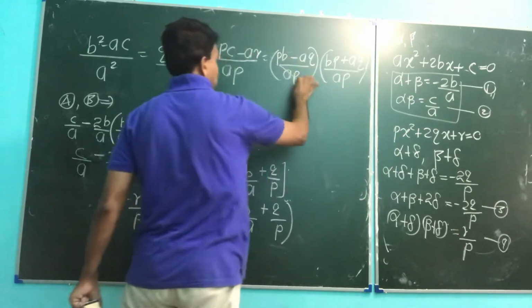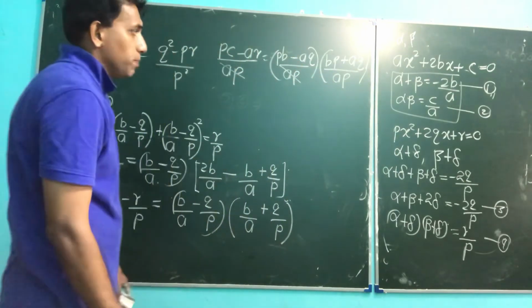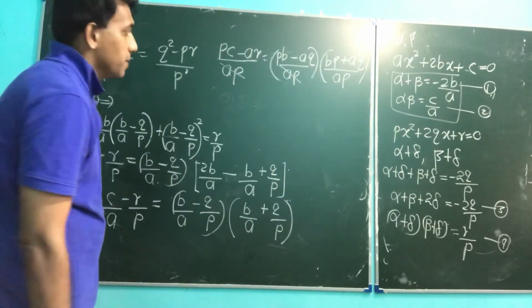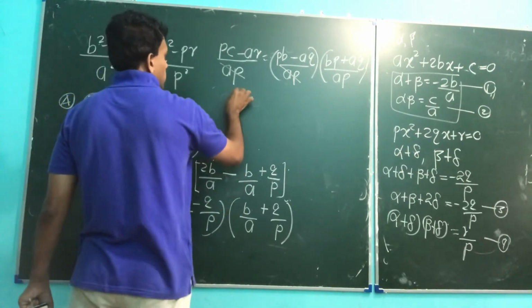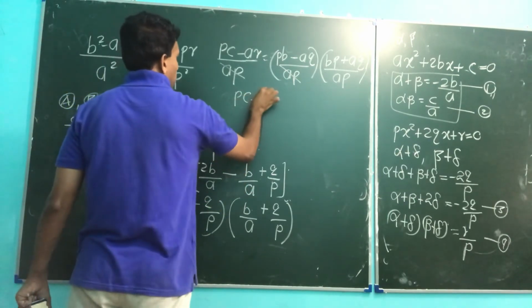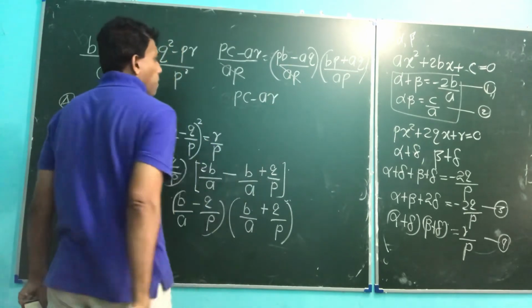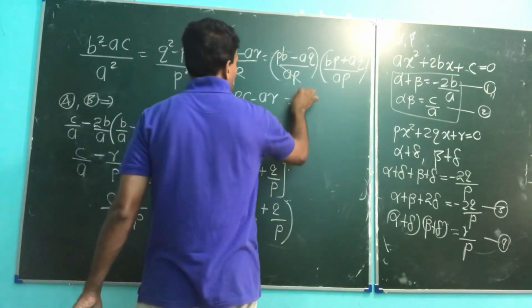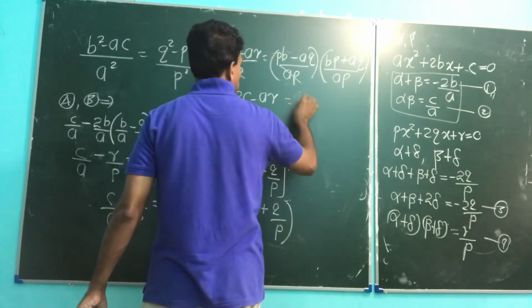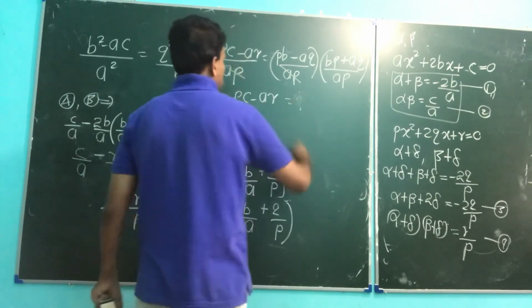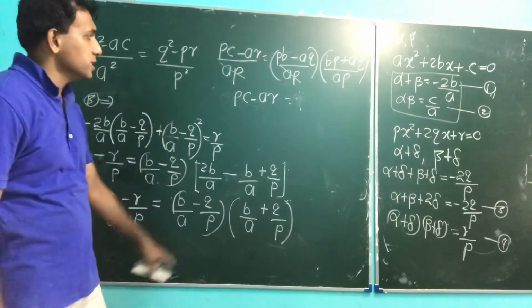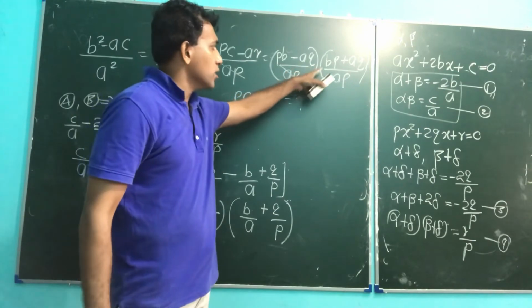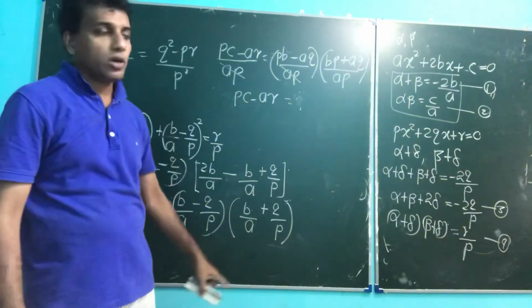Now you can cut one AP, right? Cut AP. So here PC minus AR equals PB. Yes, think of a simple method. See this: what is PB minus AQ times BP plus AQ?